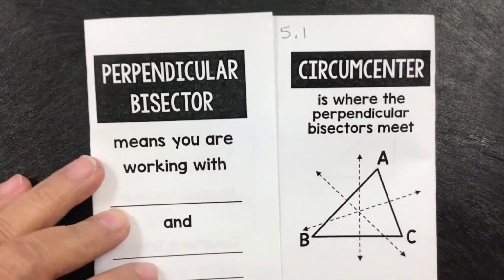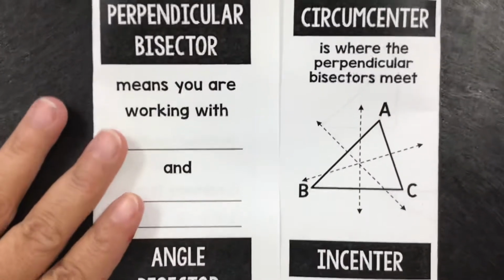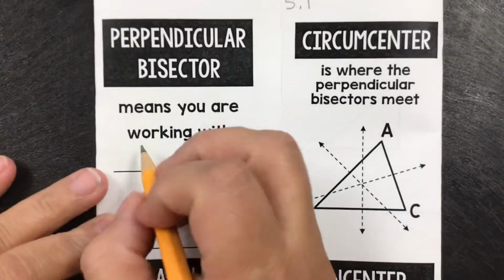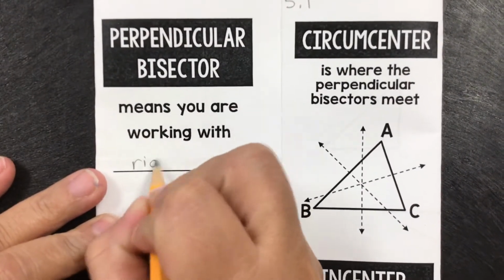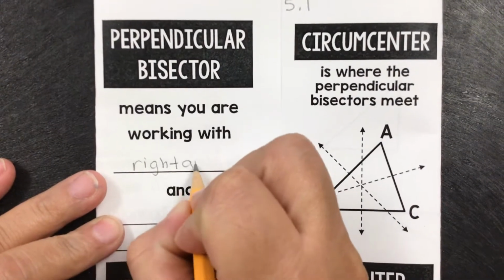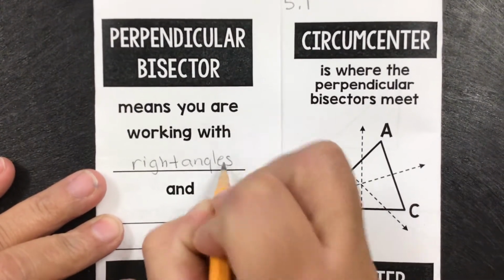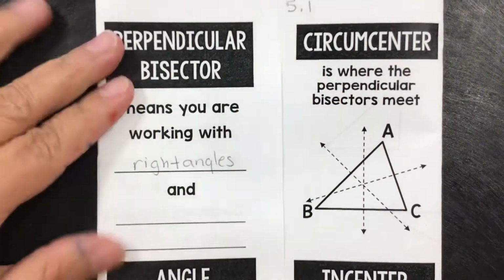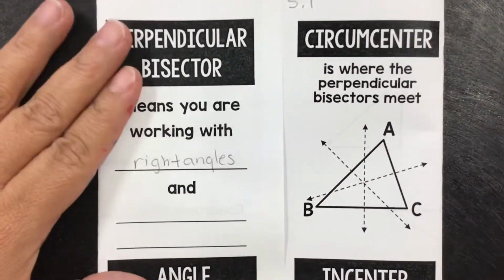What that means is that we're going to be working with right angles. Because of the word perpendicular, it means that we have to make things at 90 degrees.